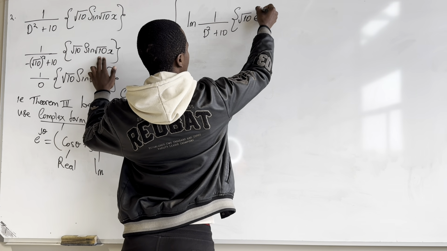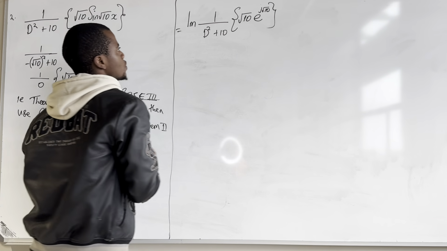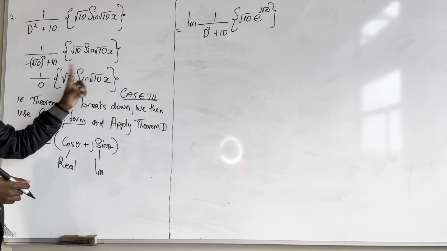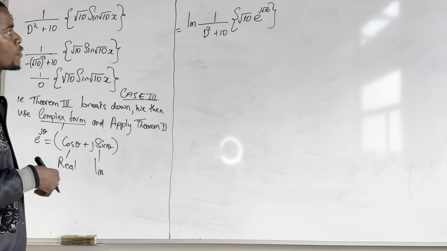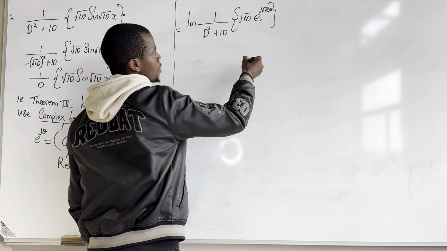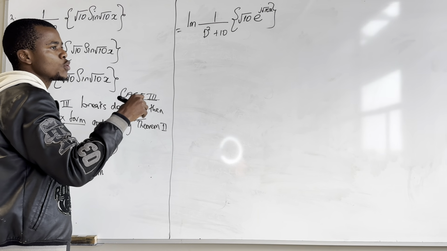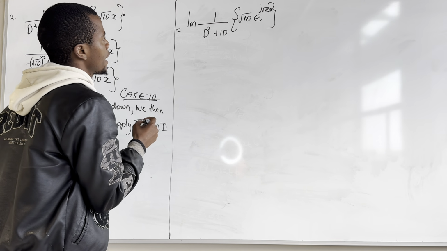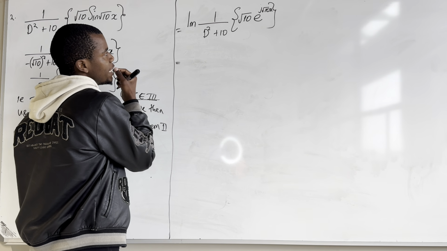So it will be j root of 10. We are not going to put x. Oh, sorry, a j root of 10x, because remember it will be e to the power of ax. So we put that x there, and from here we then apply theorem 2.